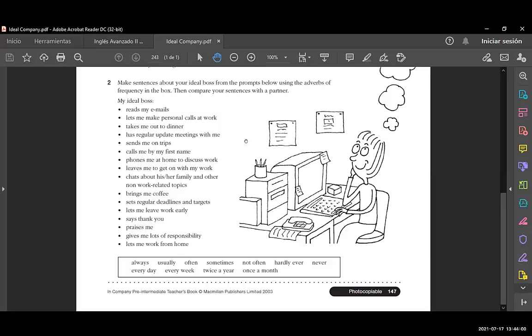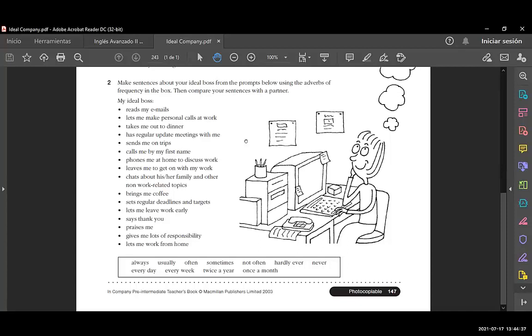My ideal boss does not often give me a lot of responsibility. This doesn't mean that I don't want to do anything, but sometimes the boss delegates lots of responsibility. And for this, not often giving me lots of responsibility is one of the sentences that I selected. My ideal boss does not often find me at home to discuss work, and my ideal boss sometimes sends me on a trip.